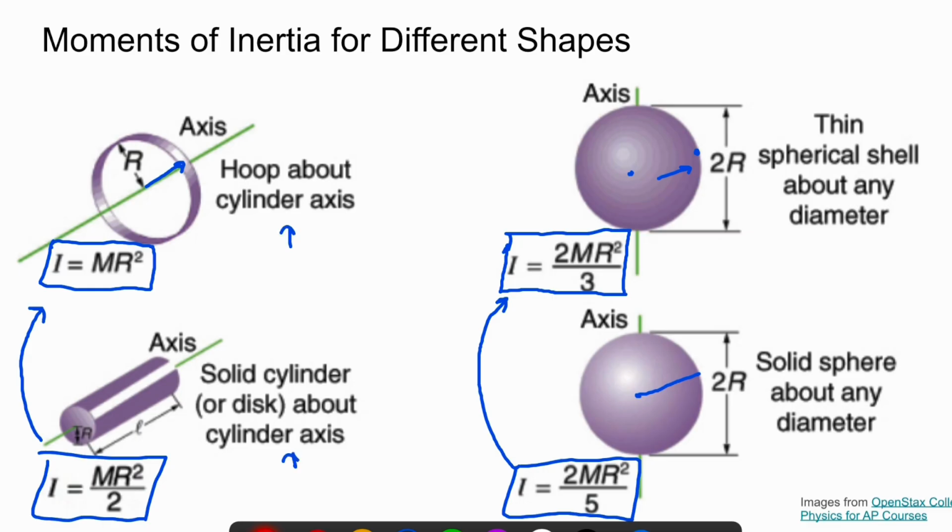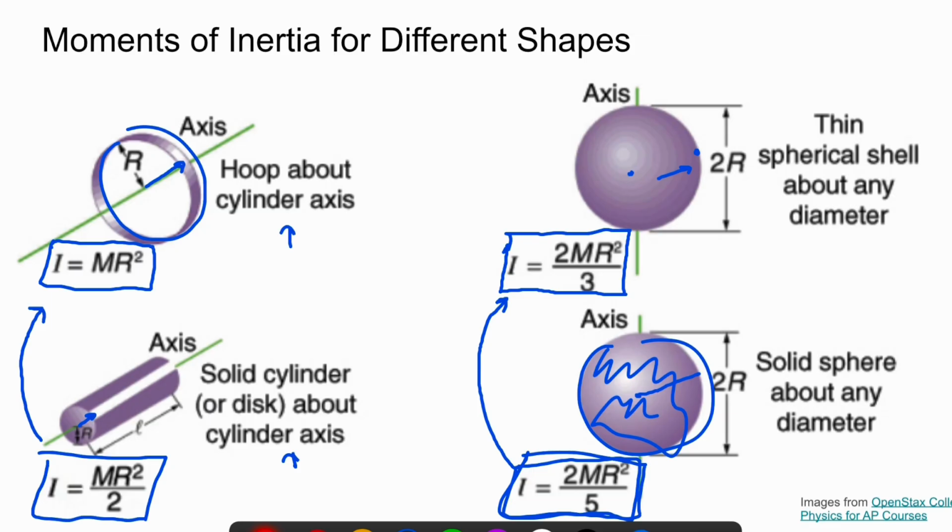And we see this again comparing a hoop versus a solid cylinder, that as we take that mass and hollow out the inside and distribute that mass further and further to the outside till we get to a hoop, we end up with a larger moment of inertia for the hoop. And the same thing happens with the sphere, right? If we take our solid sphere, where we've got a uniform distribution of mass from the outside to the inside of that whole sphere, and it's all filled in.